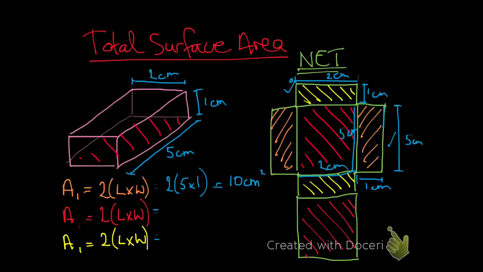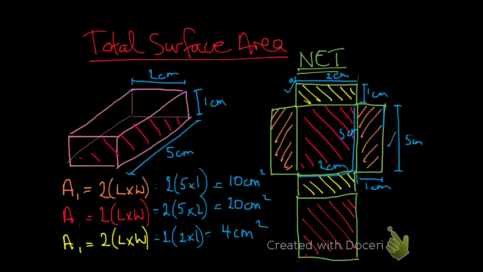For our red, we've got a length of 5 and a width of 2. So we have 5 times 2, that's going to give us 10, and 10 times 2 gives us 20 centimeters squared. And finally, for our yellow, we've got a length of 2 and a width of 1. So 2 times 1 is 2, times 2 is 4 centimeters squared.